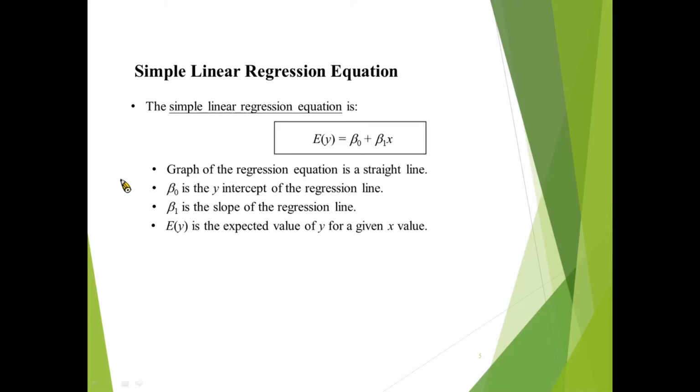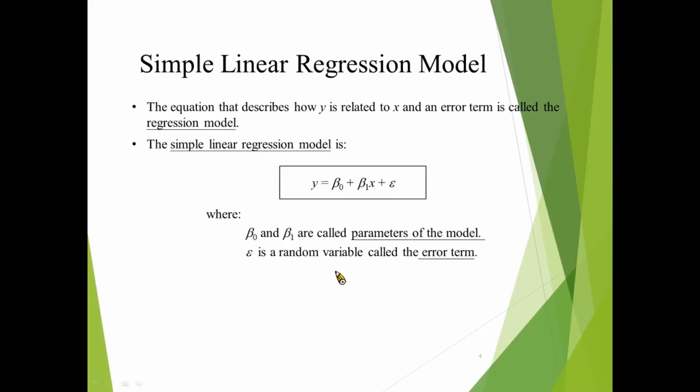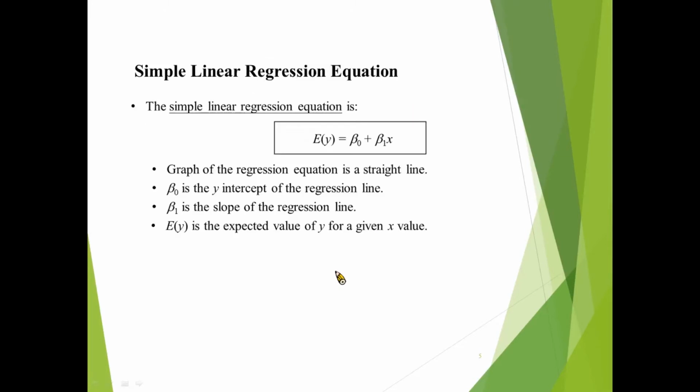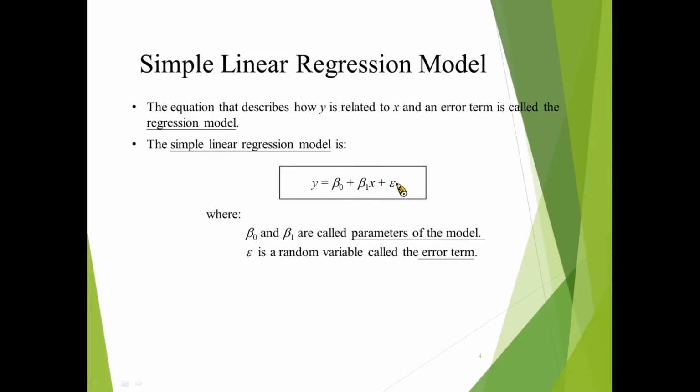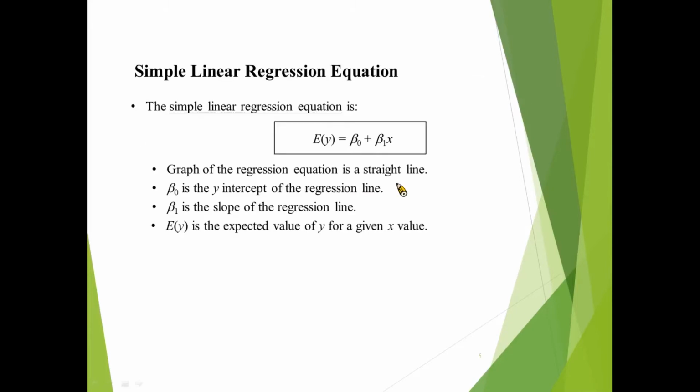This is the simple linear regression equation. E is the expected value, so E of y equals beta 0 plus beta 1 x. You can see it is the same as the model, but we don't have the error term here. The graph of the regression equation is a straight line.